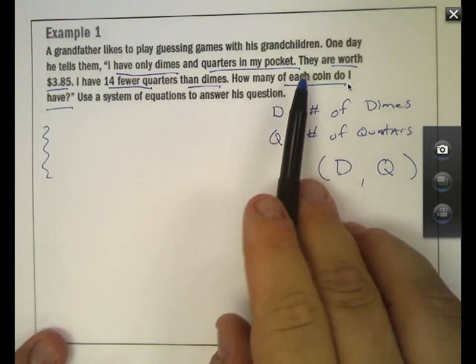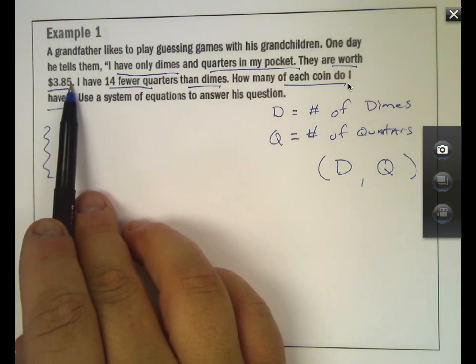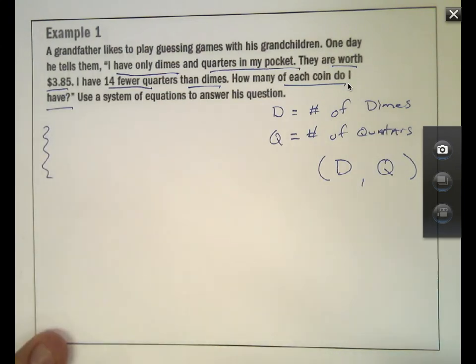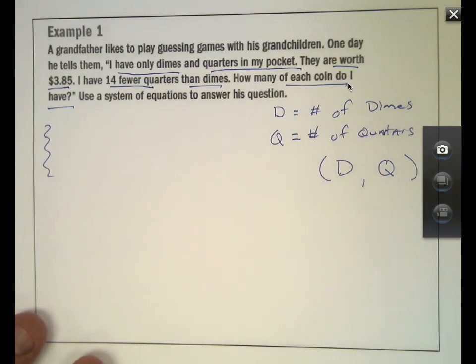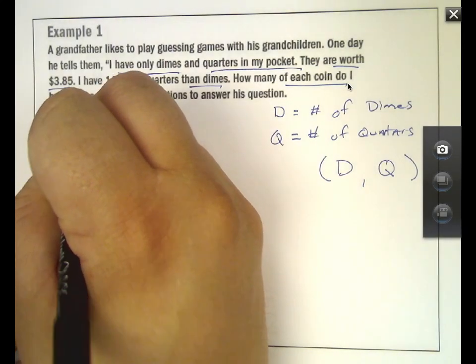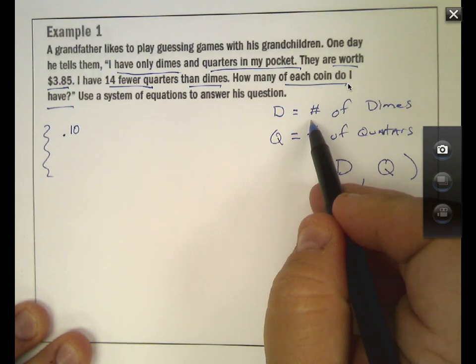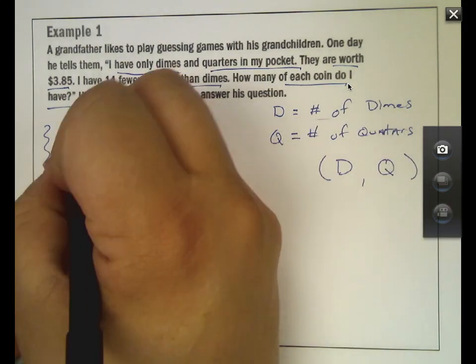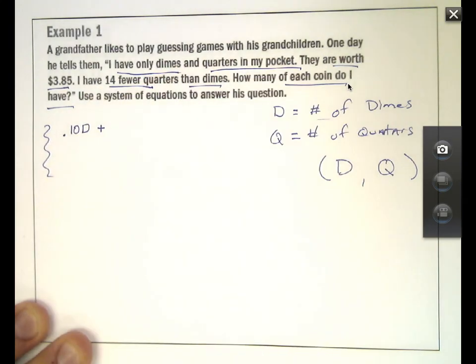The first thing says they are worth $3.85. Well, first of all, you have to know how much a dime costs, right? A dime costs 10 cents, times however many dimes we have. Do we know how many dimes we have? No, that is D. Plus, you have to know how much a quarter costs.